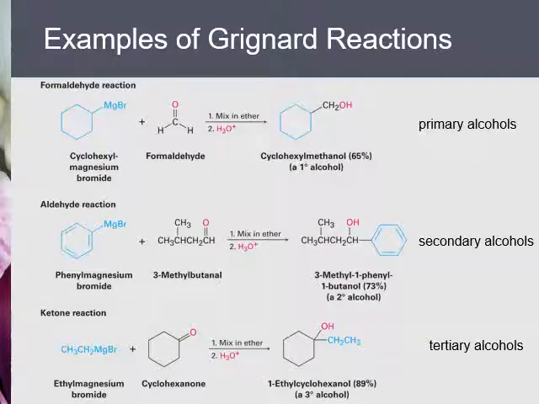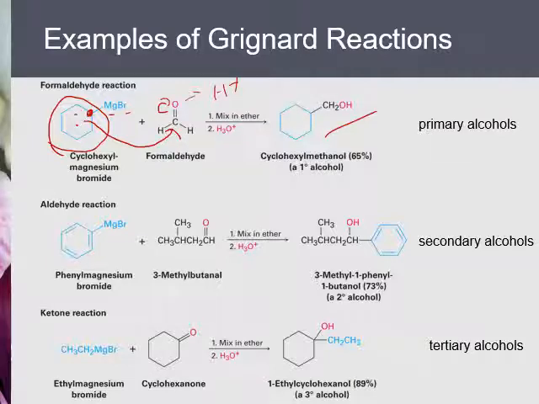Here are some examples of Grignard reactions. In the first example, cyclohexane is connected to magnesium bromide. So this carbon is a carbanion with a lone pair of electrons and a negative charge. The lone pair of this carbon attacks the formaldehyde carbonyl carbon, forms an alkoxide, and then protonation gives you a primary alcohol.